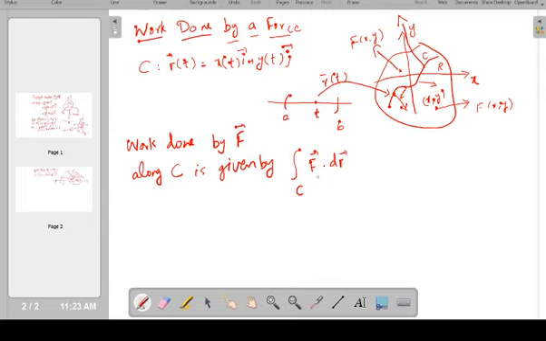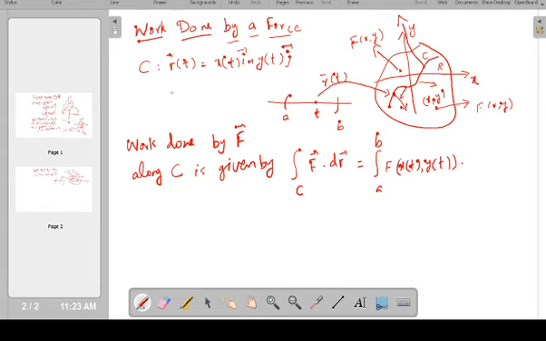But how do you express this? You can express this by parameterizing F dot dr. So this is equal to integral a to b of F of x of t comma y of t. Here it means F of x comma y. So if it is over C, then it is x of t comma y of t, dot product with what is dr?